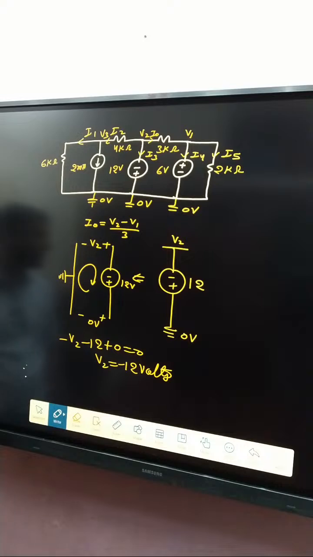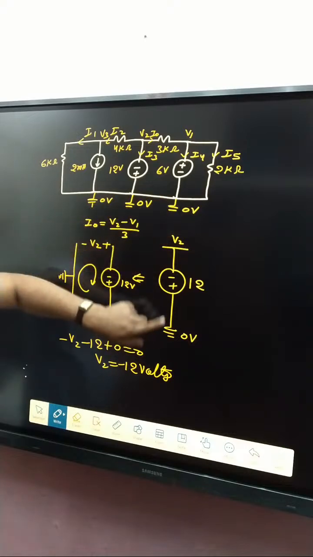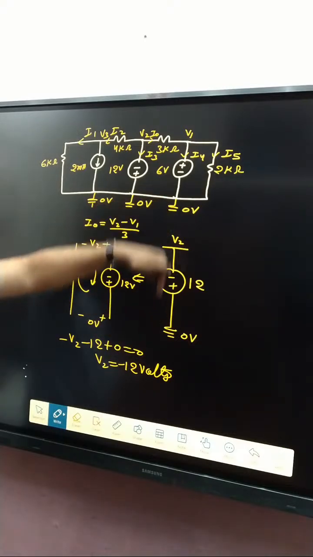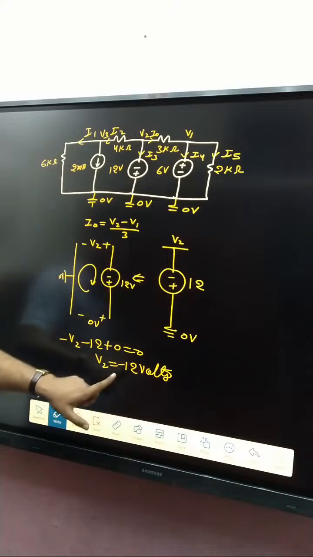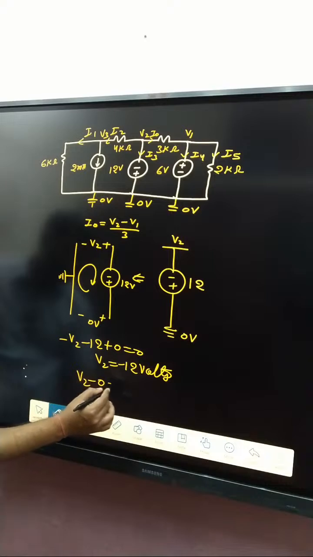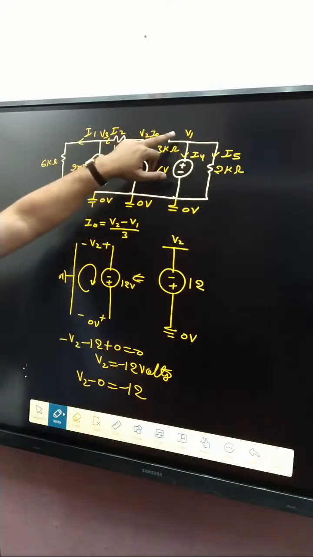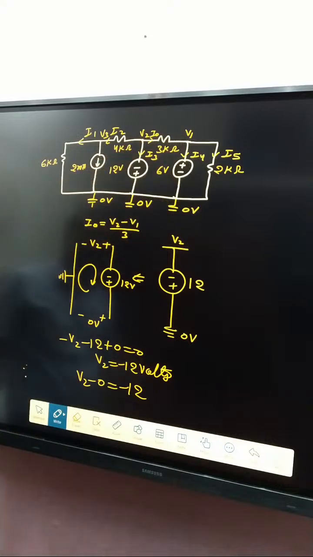So V2 minus 0 is equal to, going along here, which polarity? Minus 12, so minus is written. Means you can write V2 minus 0 equals minus 12. Similarly, the same thing here: V1 minus 0, what about V1?